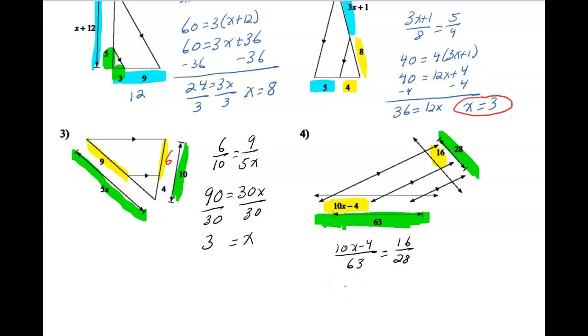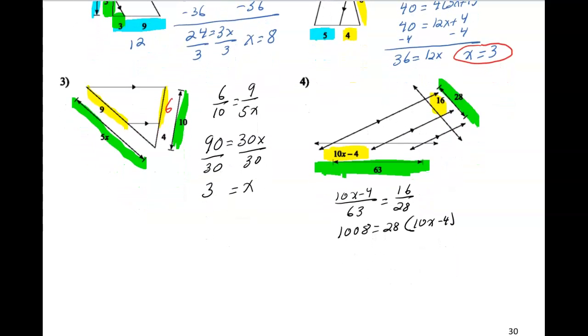Multiplying, 63 times 16 is 1,008, is 28 times 10x minus 4. Let's distribute. 280x, distribute 28 to both values. 28 times 4 is 112, so that's equal to 1,008.